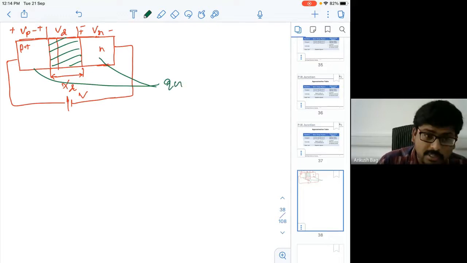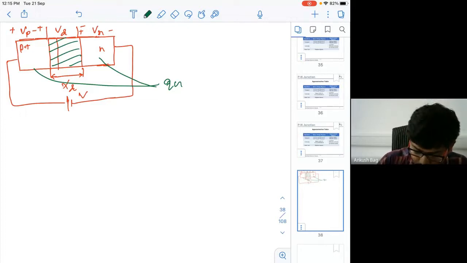Once again, we have understood this quasi term in explaining current transport; the quasi-equilibrium concept we have seen.